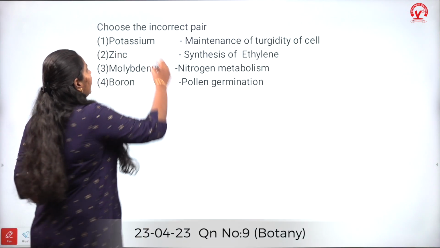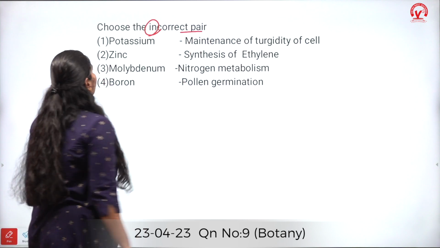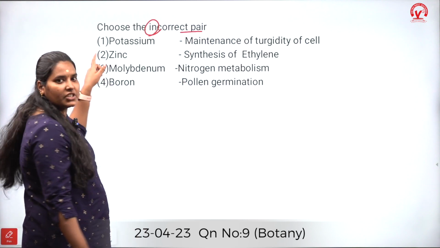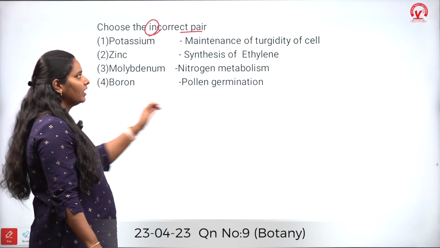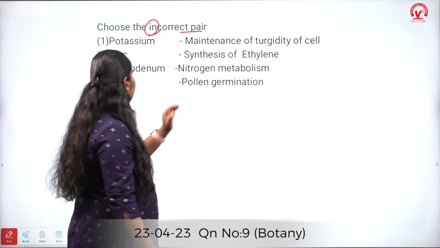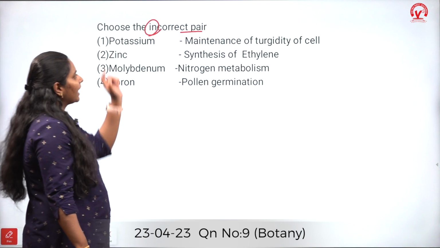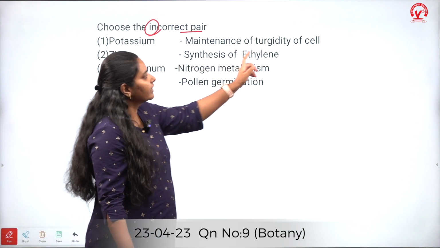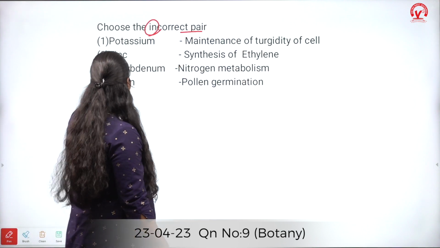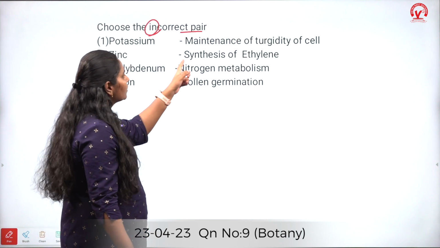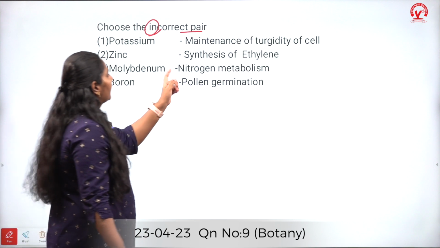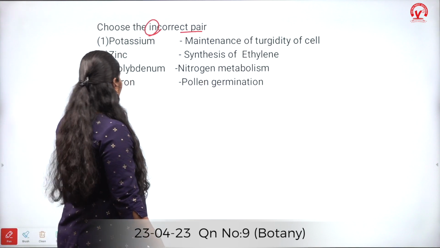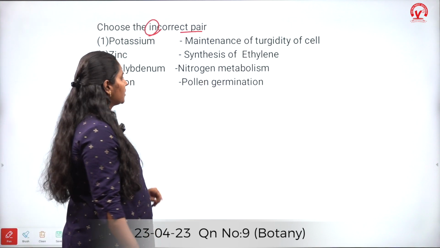Choose the incorrect pair. First they have given the essential plant nutrients which are required for plant growth and development. Here they are given their main functions. First, potassium, maintenance of turgidity of cell, and second one is zinc, which is used for synthesis of ethylene, molybdenum, nitrogen metabolism and boron, pollen germination.